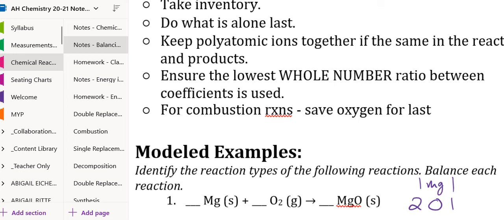So what's not balanced right now? Oxygens. I have 2 oxygens in my reactants and 1 in my products. So the only thing I can do is add coefficients. Subscripts come from how they bond, so we can't change that. So where would I add a coefficient?